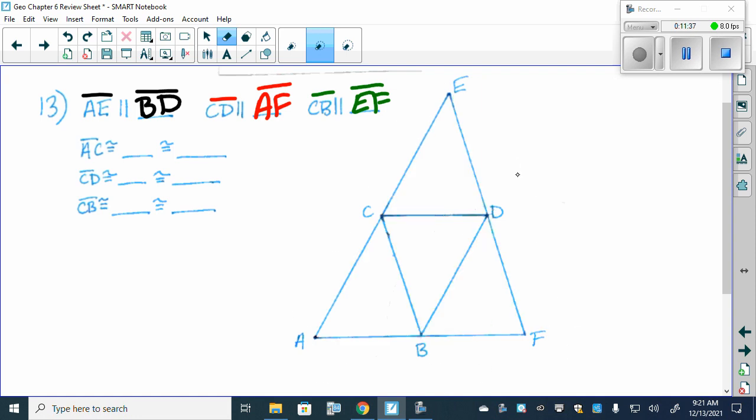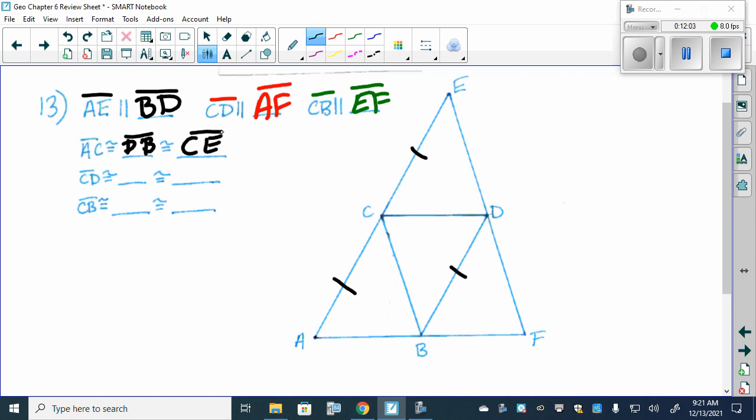Now these are all mid-segments. So it works out, so we're starting with AC, DB, would be 1 and CE. Because these mid-segments are connecting to midpoints.